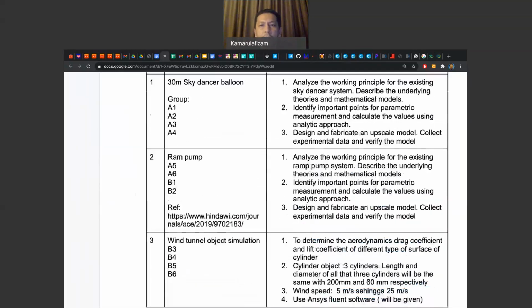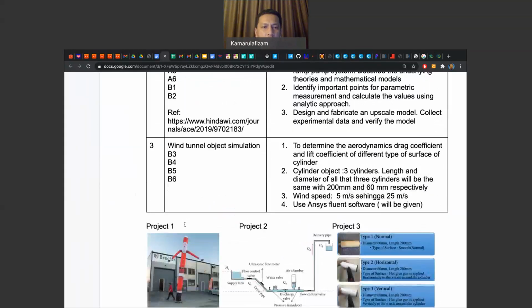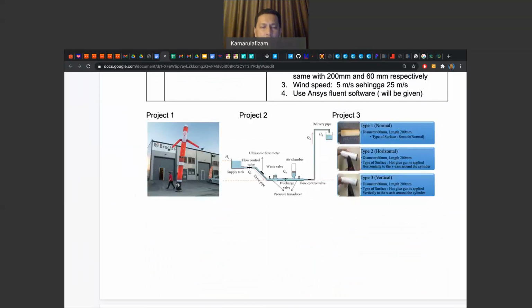All right, so what you need to do is analyze the working principle of the existing sky dancer system, because down here you have the blower, so you have to analyze and understand the volume of air that is being pumped into the whole system to make this thing stand.